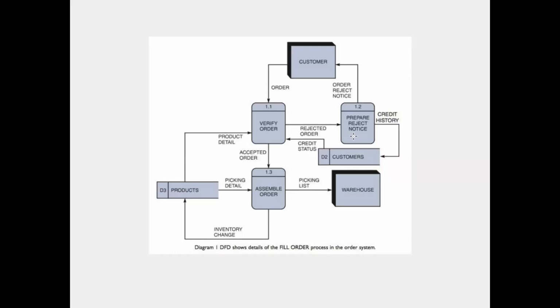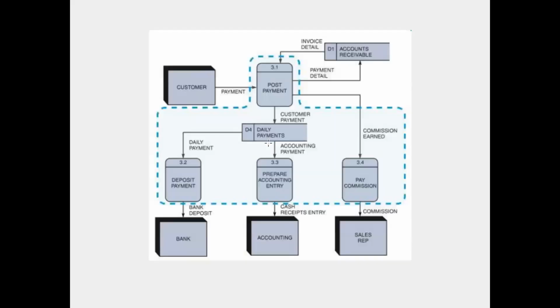And when you reject, we can have a reject notice, which updates the customer and also the credit history. So once you verify the document, then we have to prepare the reject notice, which will get the information from the customers, and the credit status can also be shown here. As you can see, you can have a lot more details. You go down anywhere you want.